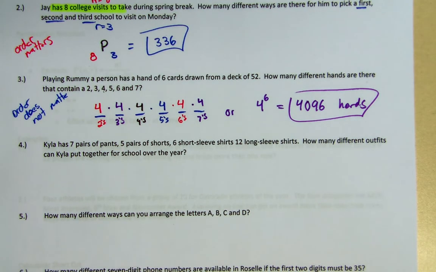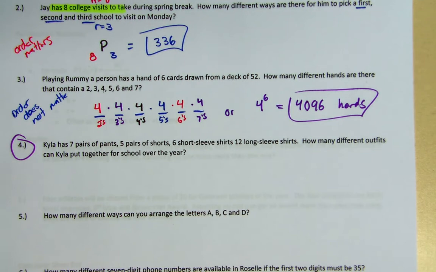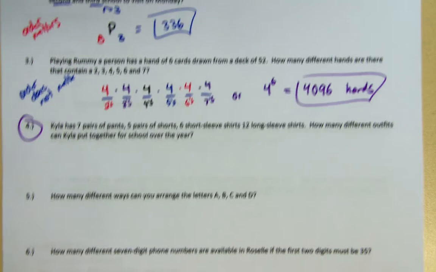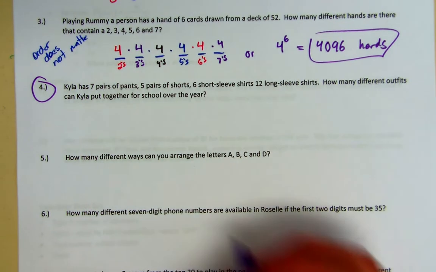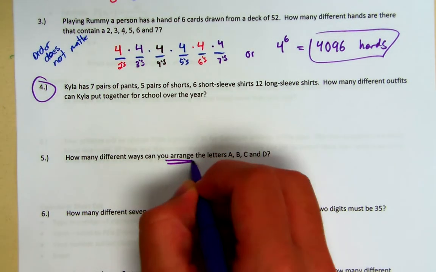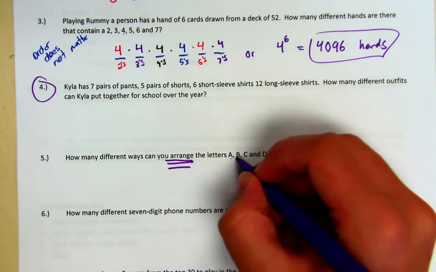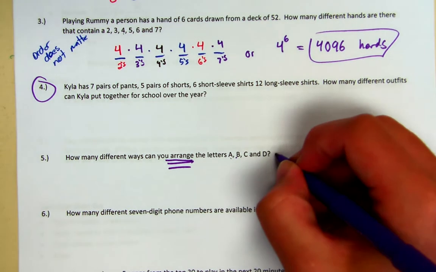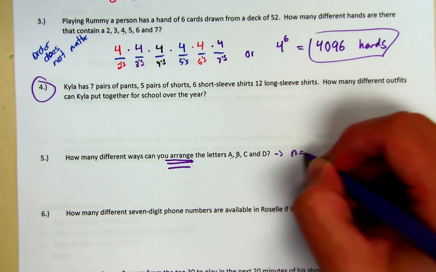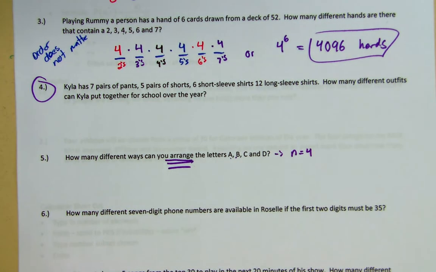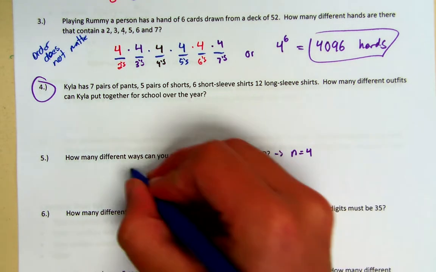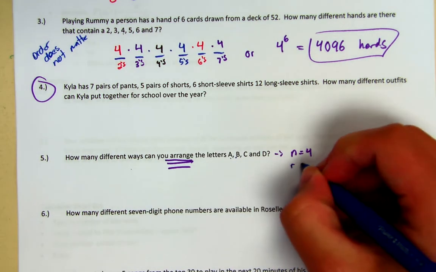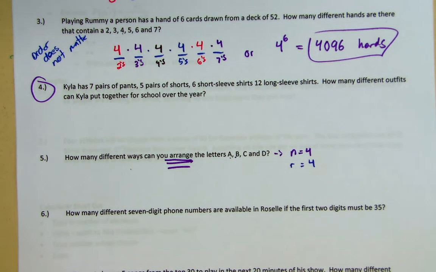Alright, I'm going to skip 4. This one's a you-try problem. And I want to talk about number 5. How many different ways are there to arrange, arrange being a keyword, A, B, C, and D? So that tells me I have a total number of options that are 4 options, and I want to arrange them. So how many different ways do I arrange? 4.